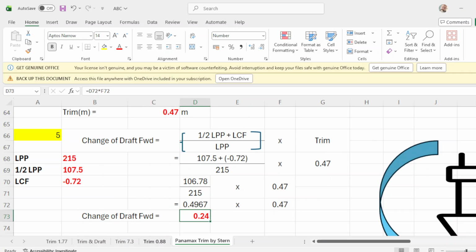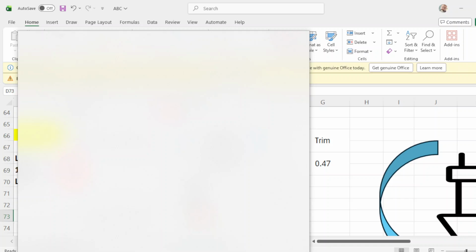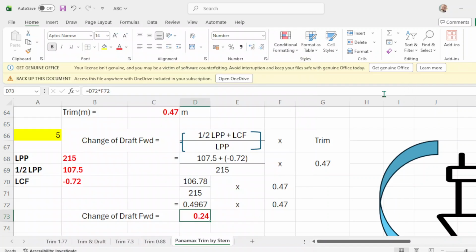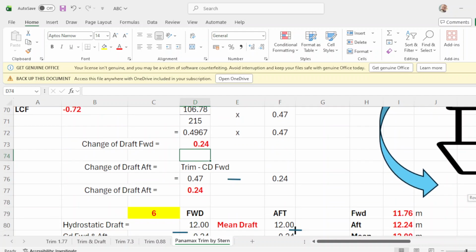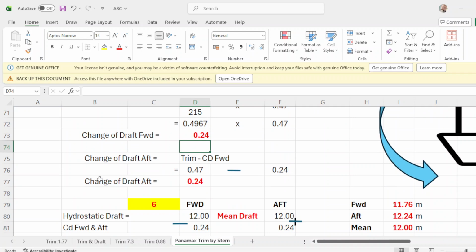Equals this value times your trim, and change of drop forward will be 0.24. Okay, then you get a value of change of drop up.